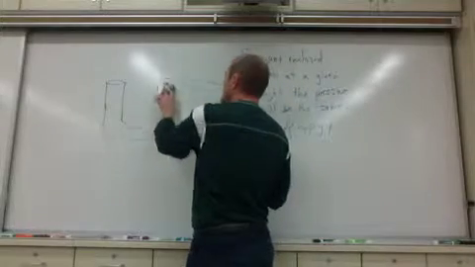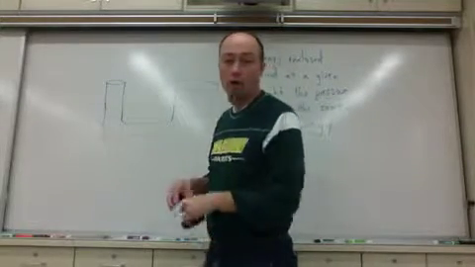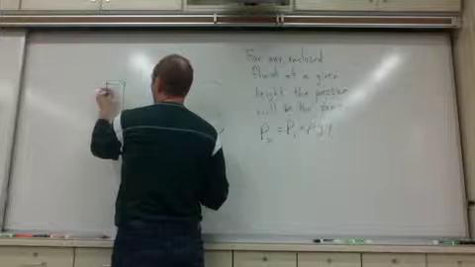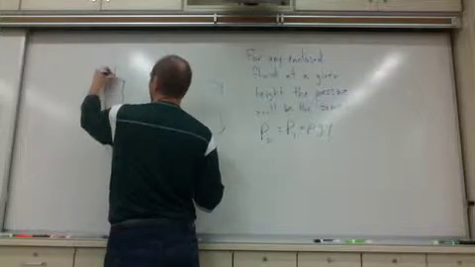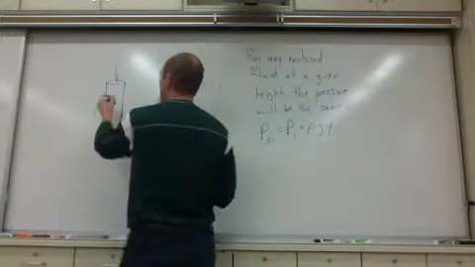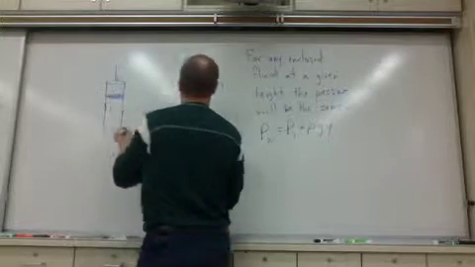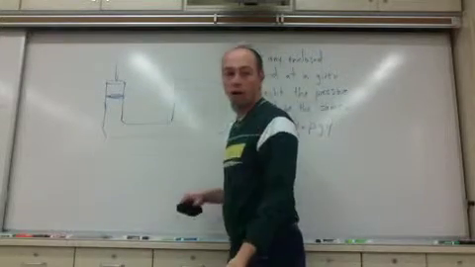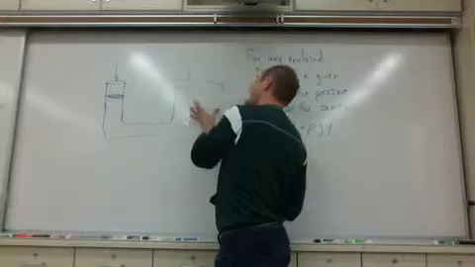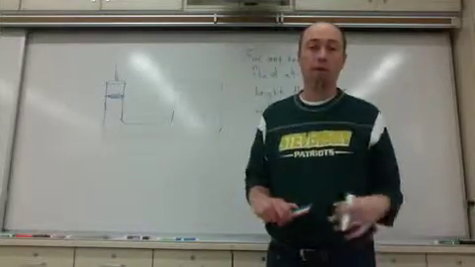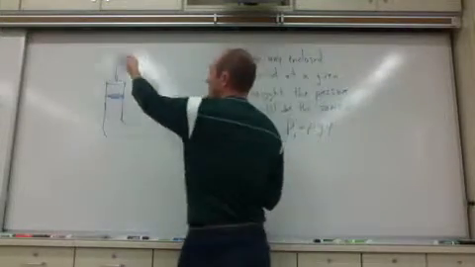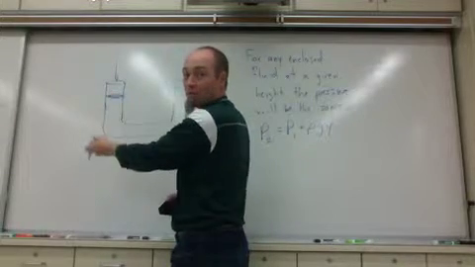Well, if I want to raise up the car, again, if I increase my pressure on this side, this side is going to go up. So if I push down over here, this side goes up, whatever pressure I'm now adding over here.